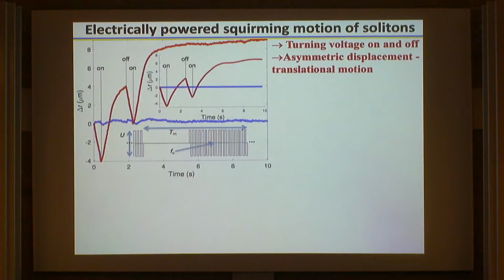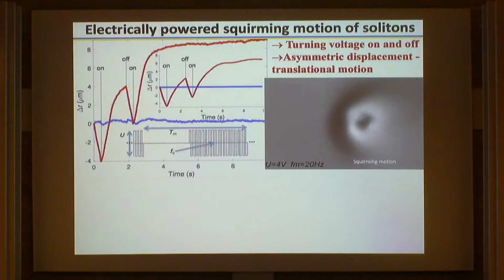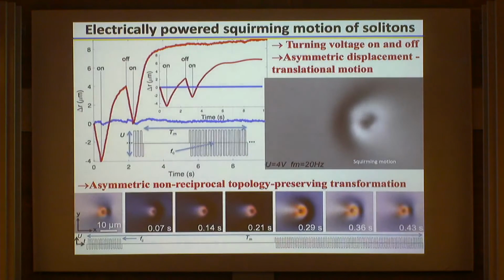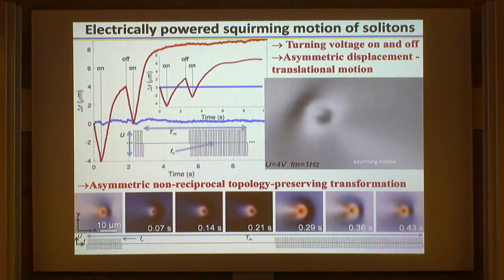So as the director structure is evolving toward equilibrium, and we turn the voltage on and off, we can see that evolution results also in asymmetric shifting, as you can see here. Very similar to what we see in experiments. And so eventually this results in the asymmetric Skyrmion that we obtained by applying external field simply moving in different directions.